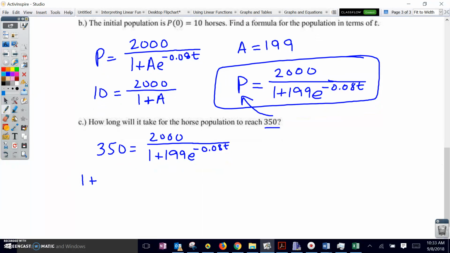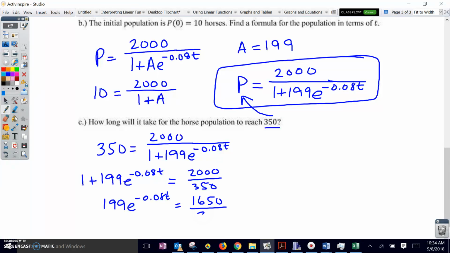We get 1 plus 199 e to the negative 0.08t is equal to 2,000 over 350. Subtracting 1 from both sides, we get 199 e to the negative 0.08t is equal to 1650 over 350.